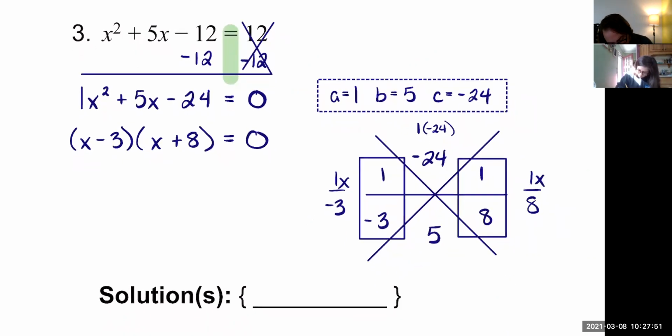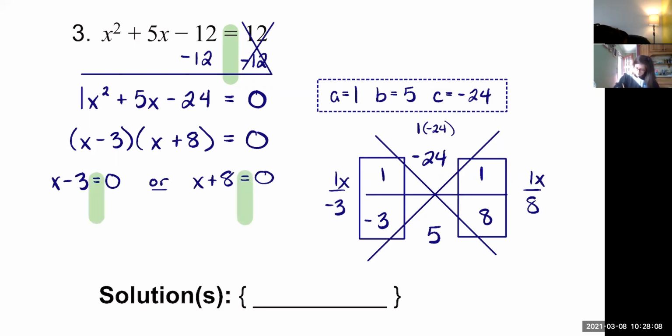Step 3, thanks to the zero product property, tells me that either x minus 3 has to equal 0 or x plus 8 has to equal 0. How would you solve the first? Plus 3 to both sides.